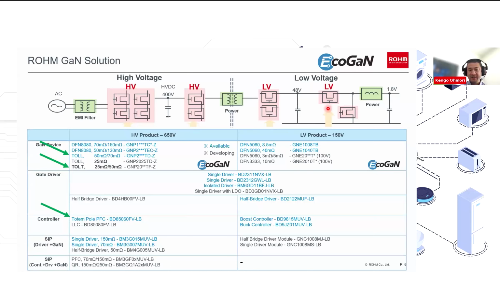So having a second source is really important from customers' perspective and from GaN market expansion perspective. And the second point is this slide, providing a total solution to the customer. That way, customers can easily adapt a GaN solution to their applications.